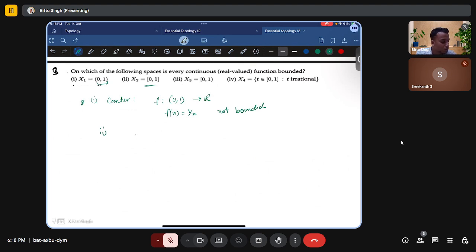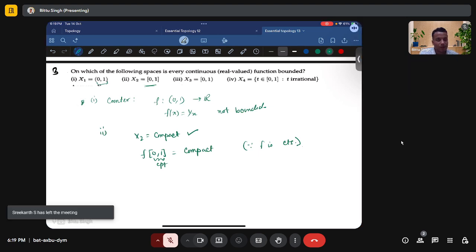Why? Because X2 is closed and bounded, therefore compact. Hence, f of closed [0, 1] is also compact. Image of a compact set under a continuous map is compact, since f is continuous, right?